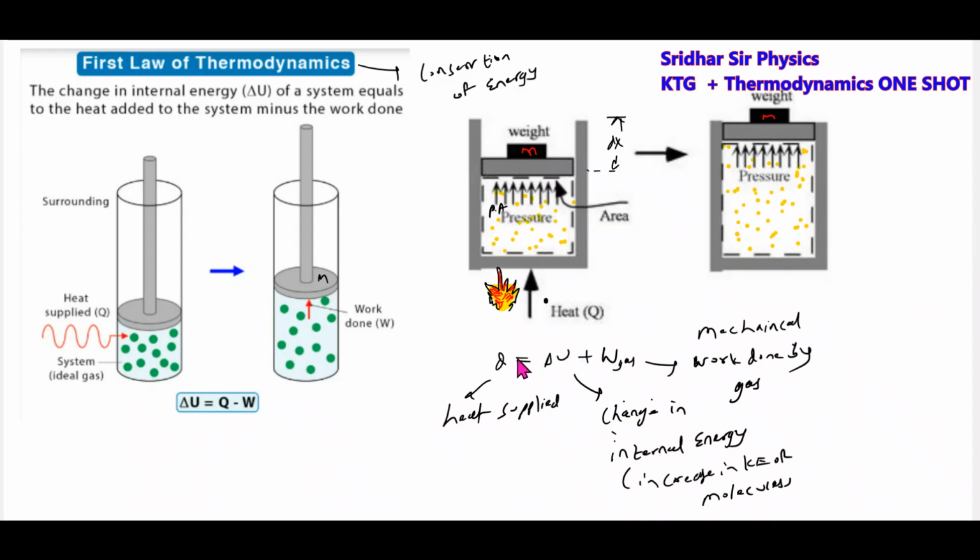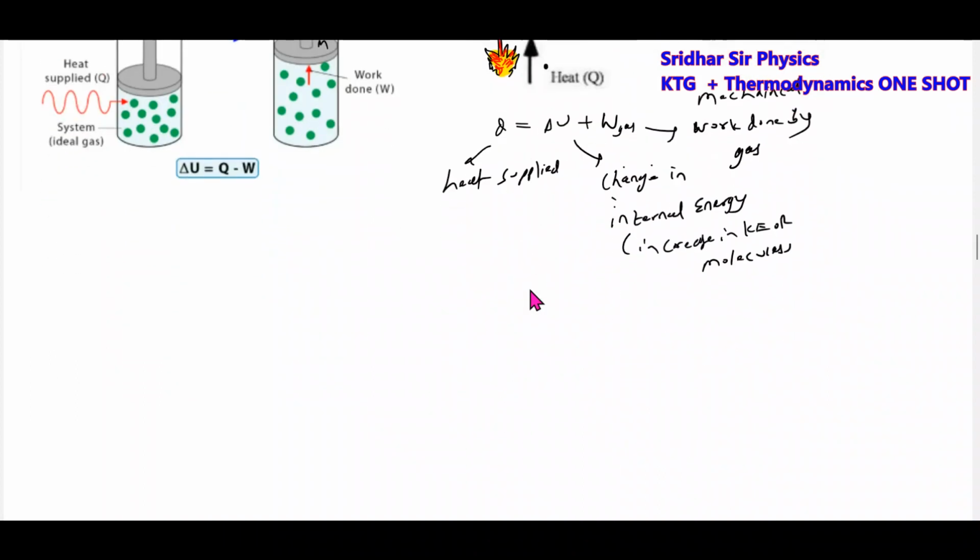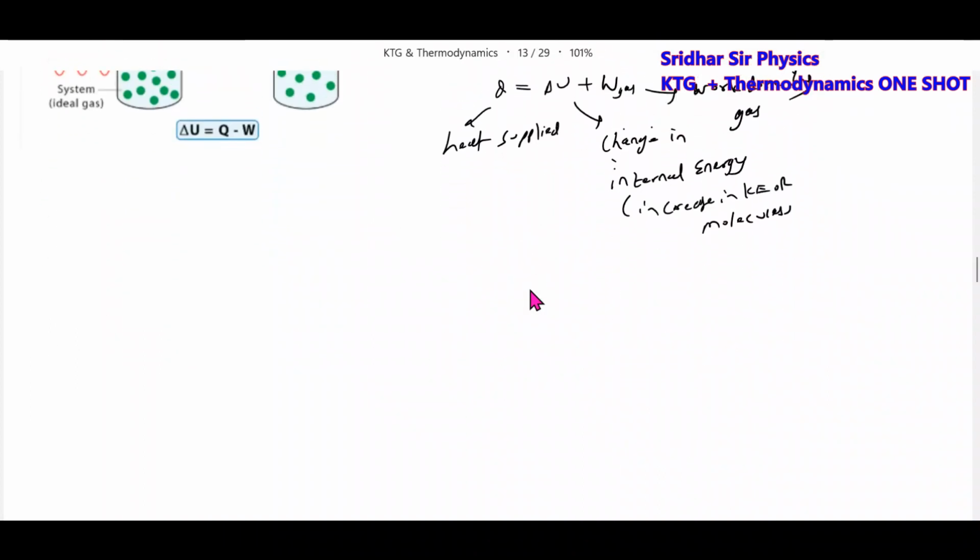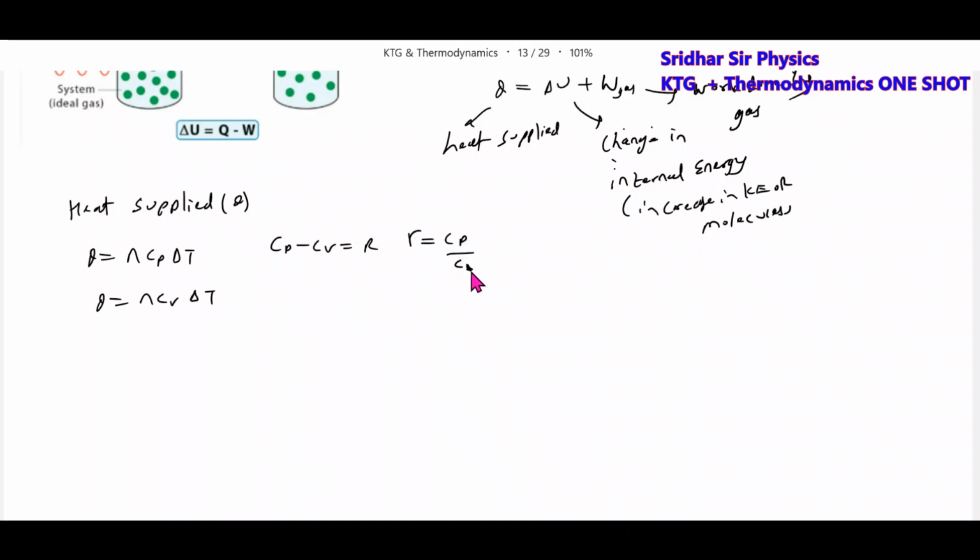This is basic. So we'll discuss in detail all these terms. So what is Q? When heat is supplied, one by one all the terms will be defined. Heat supplied, symbol will be Q. If gas absorbs heat at constant pressure, nCp delta T. If it absorbs heat at constant volume, nCv delta T, where Cp minus Cv equal to R and gamma equal to Cp by Cv.